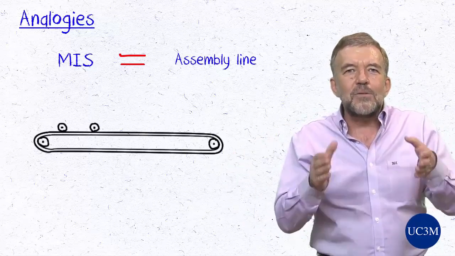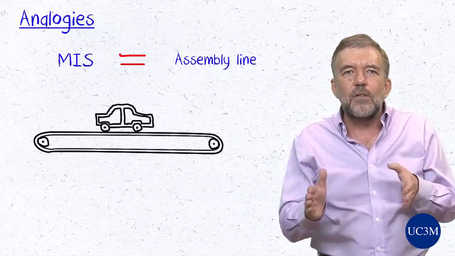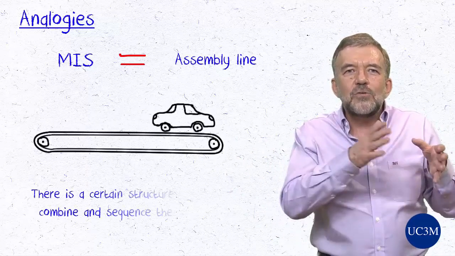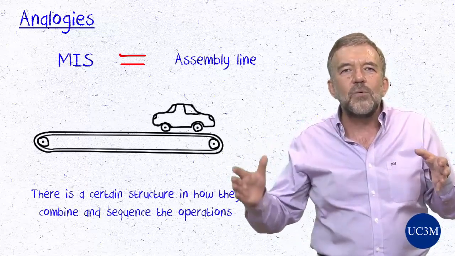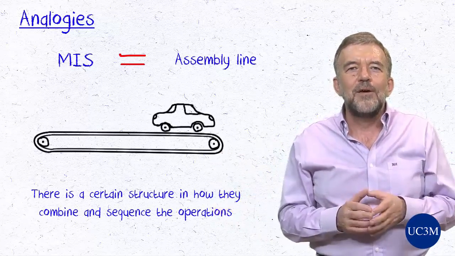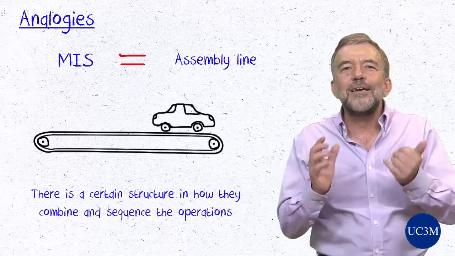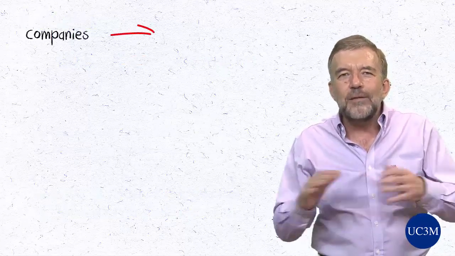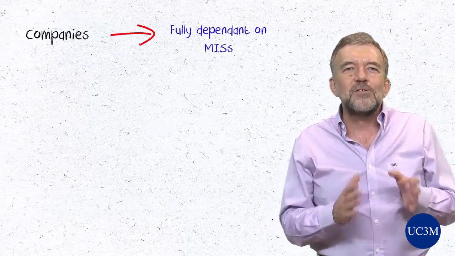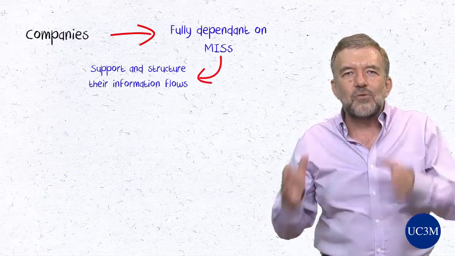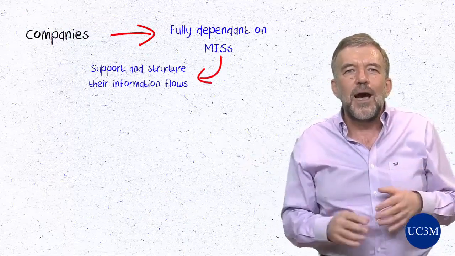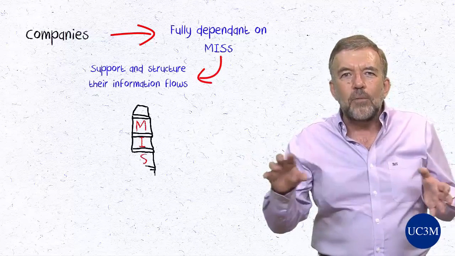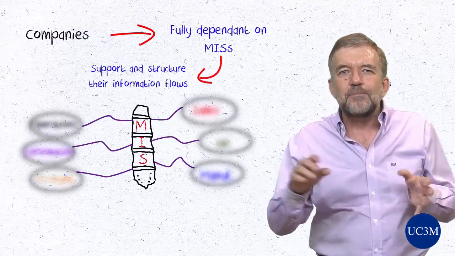They are designed to assemble certain types of products, and there is a certain structure in how they combine and sequence operations. Modern manufacturing is heavily reliant on assembly lines, and current companies are fully dependent on the management information systems that support and structure their information flows and form their backbone or their nervous system.